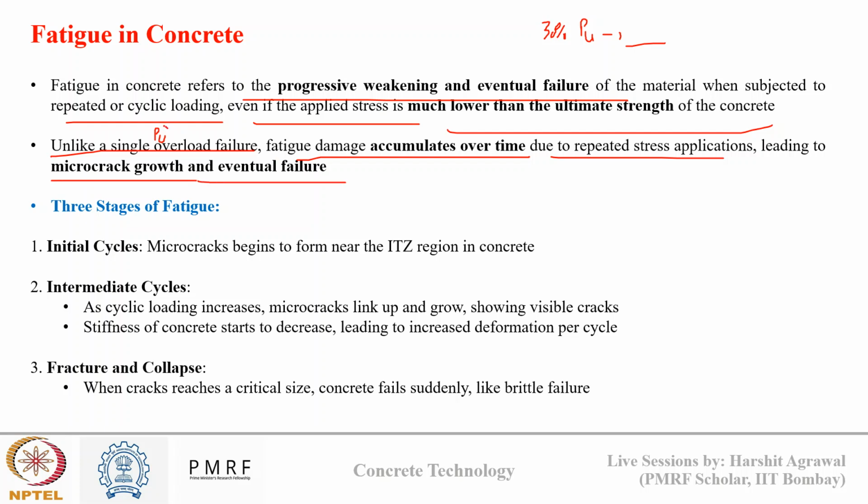When we apply such load for a long period, it causes microcracks to grow and eventually fail the concrete, even though we have not applied the ultimate failure load. So this is known as fatigue.